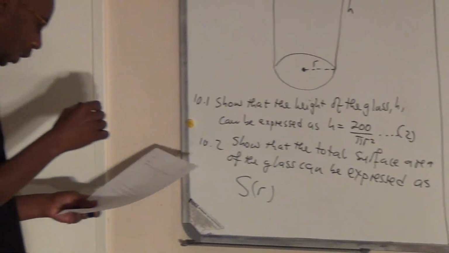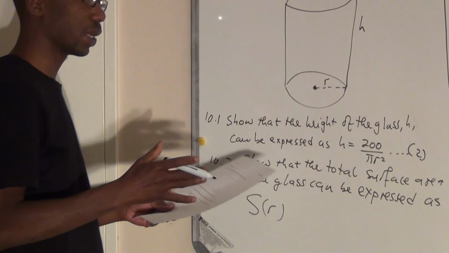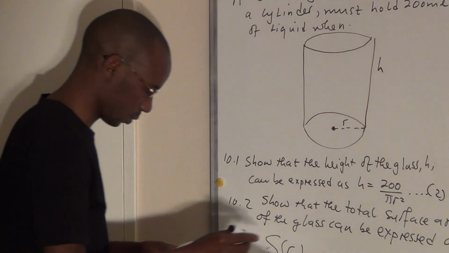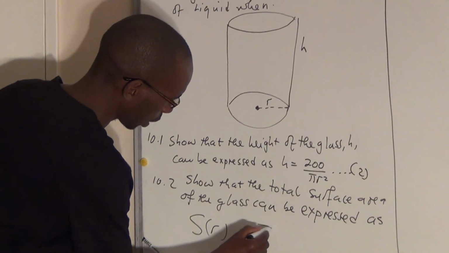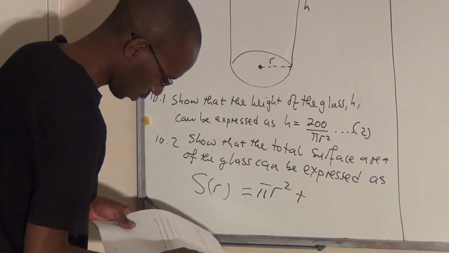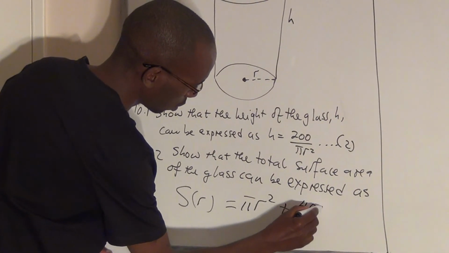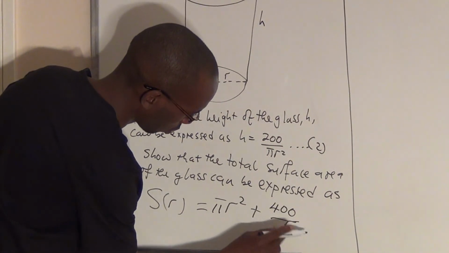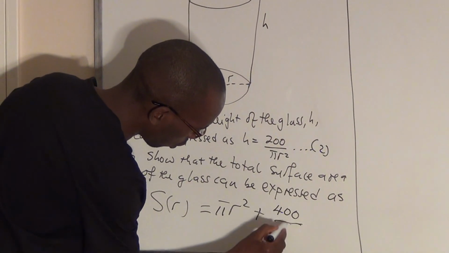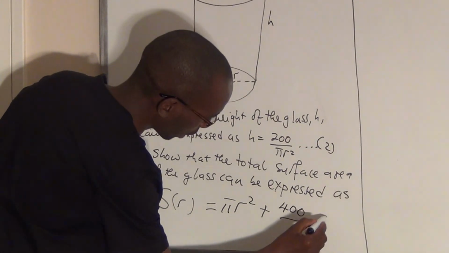S is a function of r, so it's actually the surface area is a function of the radius of the glass, equal to pi r squared plus 400 over r. That's for 2 marks again.